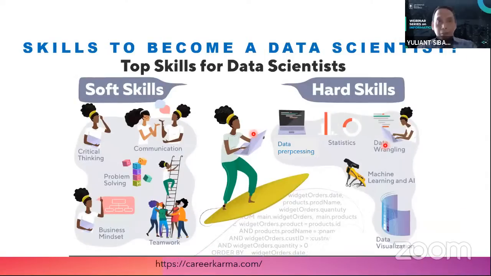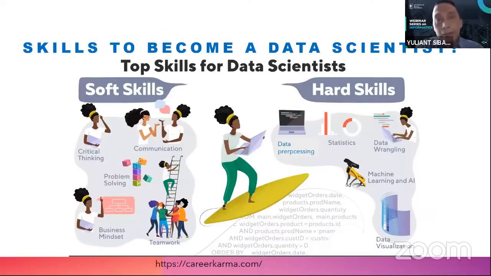What are the skills to become a data scientist? There are 10 top skills for a data scientist, divided into two groups. The first group is soft skills, including critical thinking, communication, problem solving, business mindset, and teamwork.